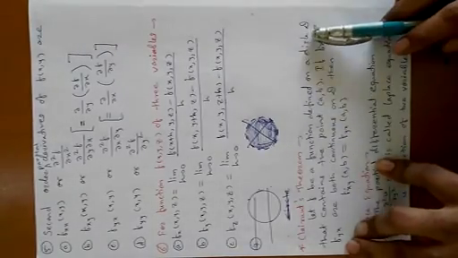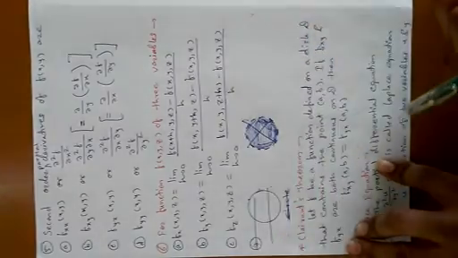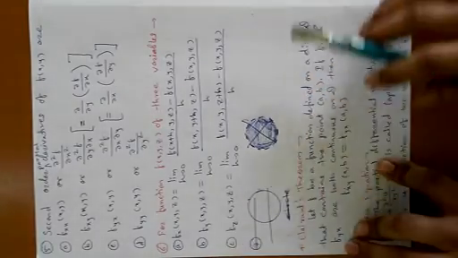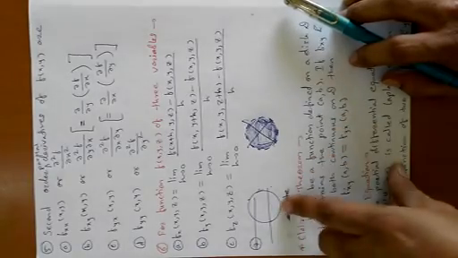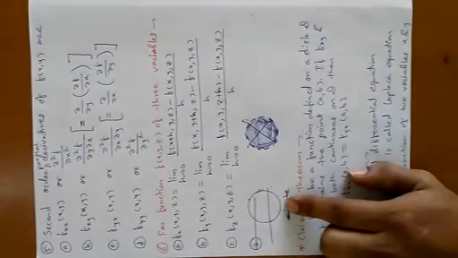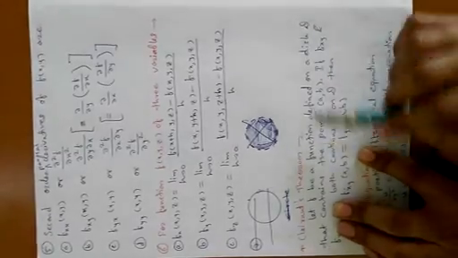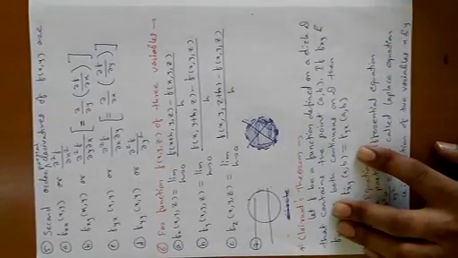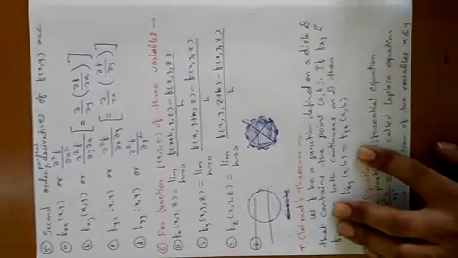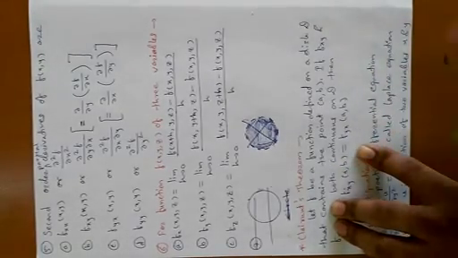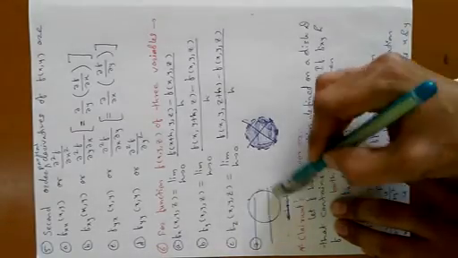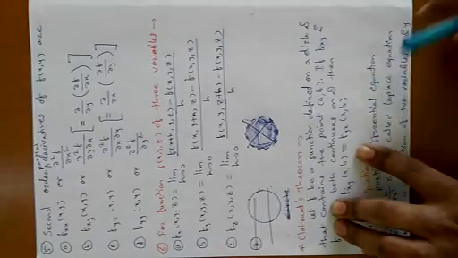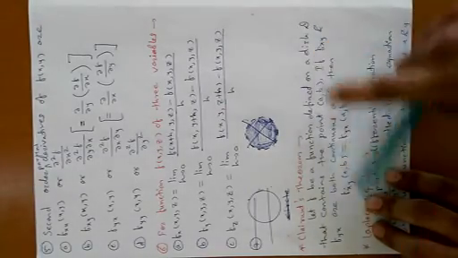Disk is nothing but the area enclosed by a circle. The region bounded by the circle is called disk. If this is the circle, the area inside the circle is called disk.